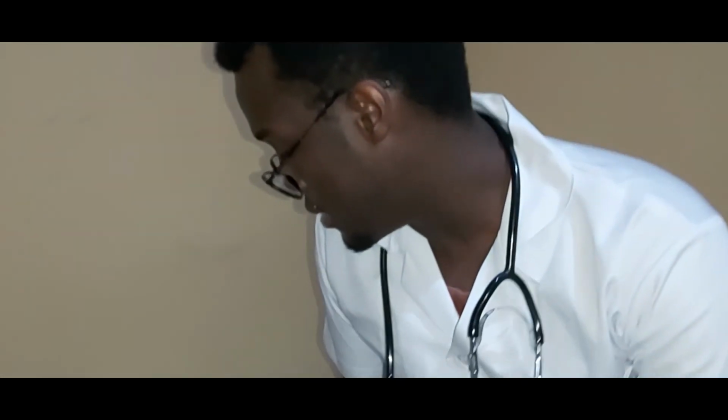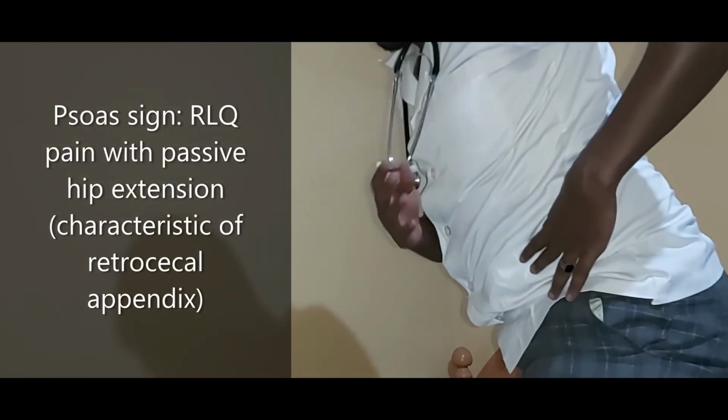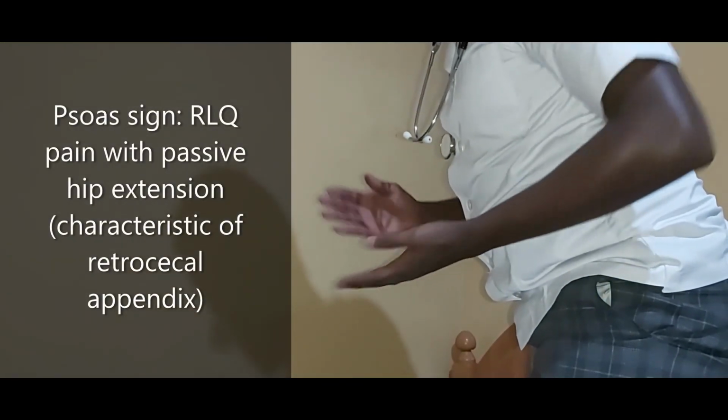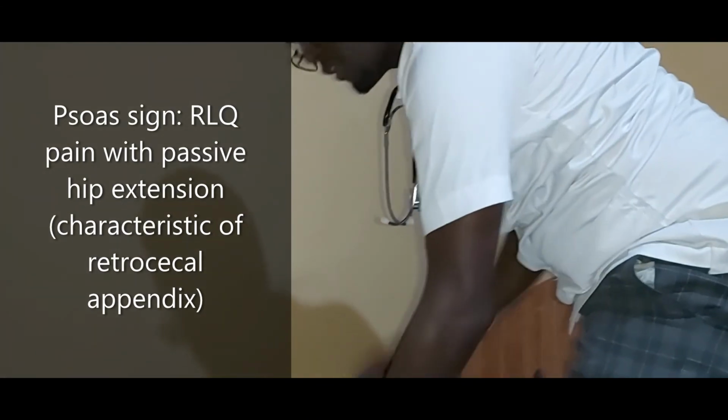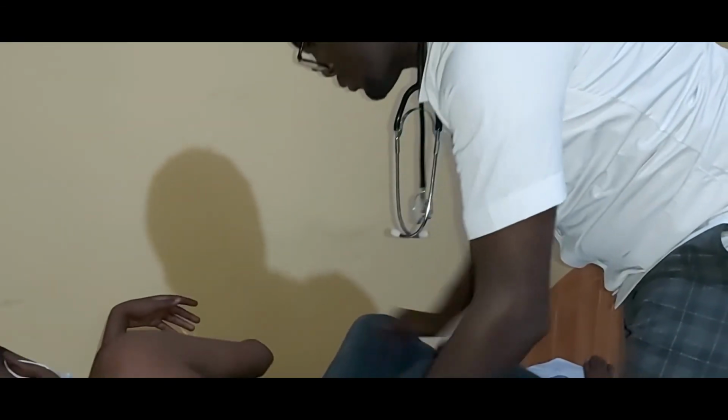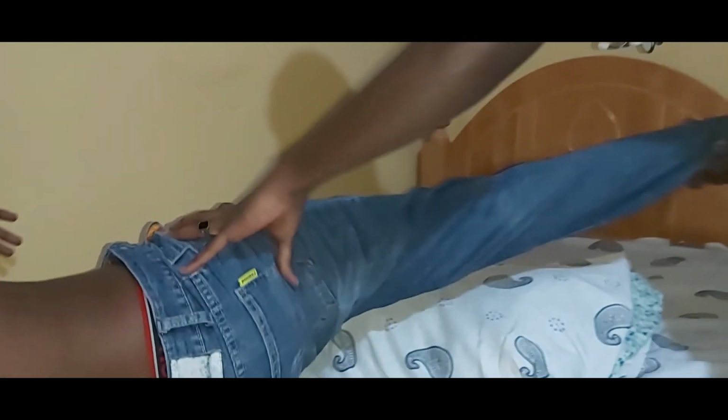And there are two remaining signs for appendicitis, which are the obturator and the psoas signs. Let's begin with the psoas, which is a muscle in the back of the abdominal wall. It lies right behind the appendix. Okay, turn around. What we'll do is flex his hip like this, straight forward.